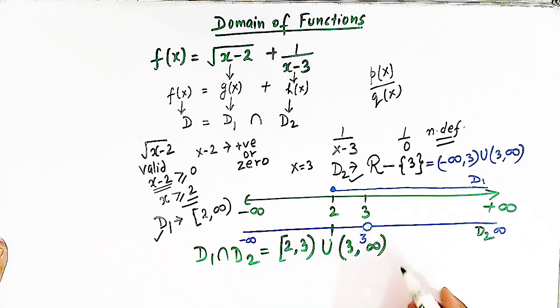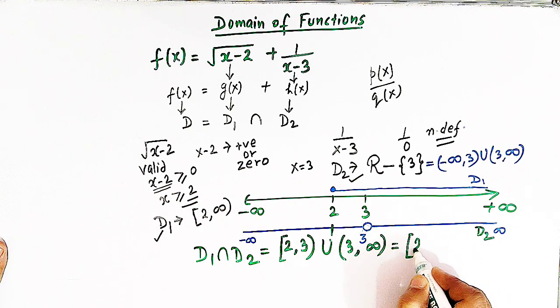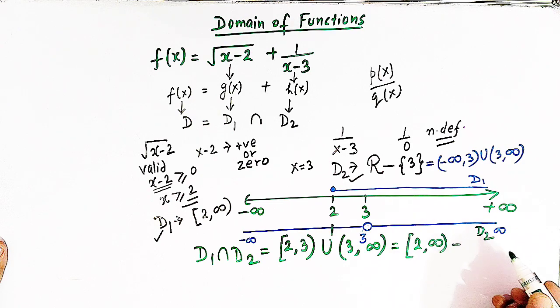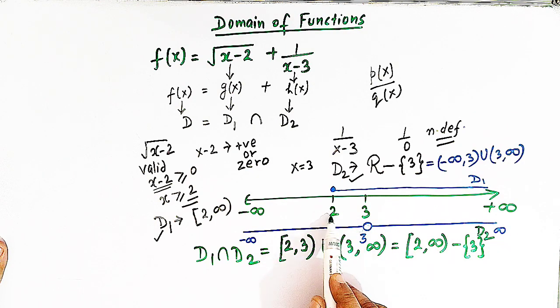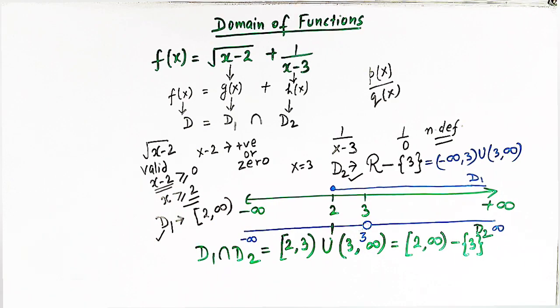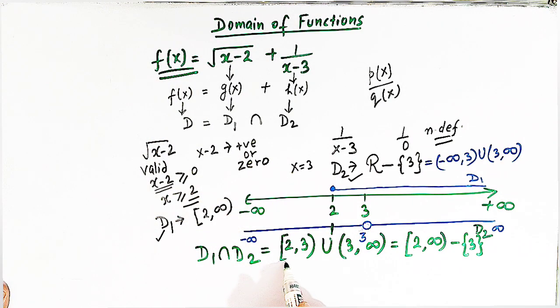We can also write this in a compact form: we go from 2 to infinity and then write a minus sign to exclude 3, because 3 appears between 2 and infinity. So the domain of f of x is given by either this interval or this one.